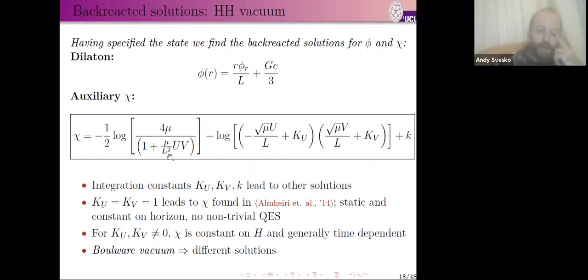What's surprising is that seemingly in the literature, this solution has never been written down fully, which we were all surprised by. And importantly, as we'll show in a moment, you can pick these integration constants in such a way that this will give us the full von Neumann entropy.